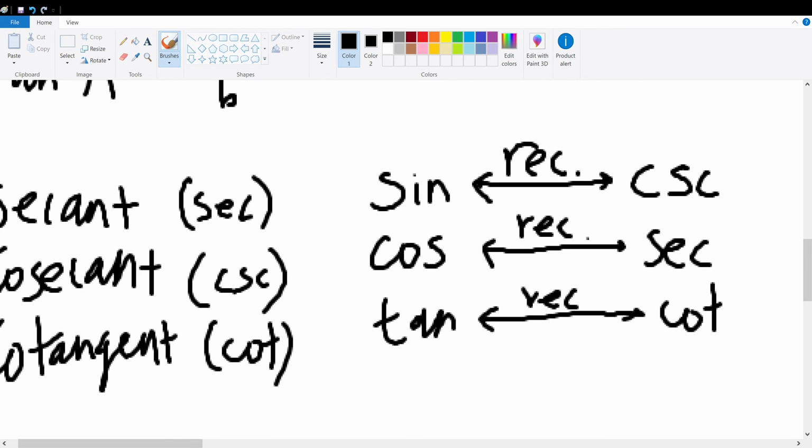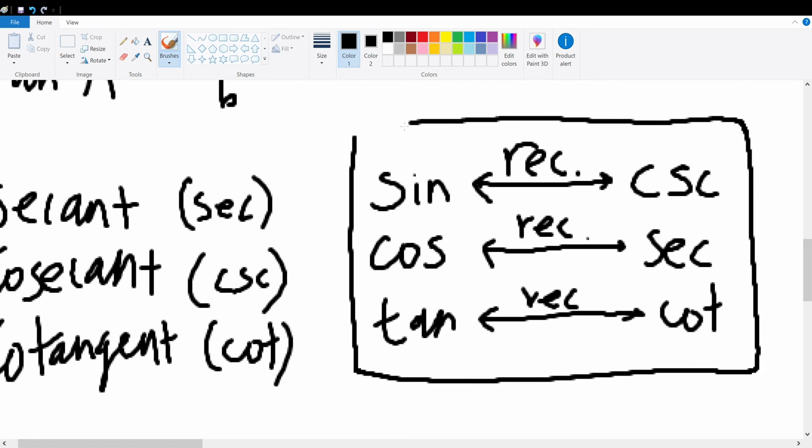Now, you might be wondering what the co in front of cosine, cotangent, and cosecant means. Well, the abbreviation co stands for complementary. We'll be exploring why they're complementary in future videos, where I explain in depth the relationships between sine, cosine, tangent with cosecant, secant, and cotangent. For now, you just need to understand this concept right here: sine is the reciprocal of cosecant, cosine is the reciprocal of secant, and tangent is the reciprocal of cotangent.